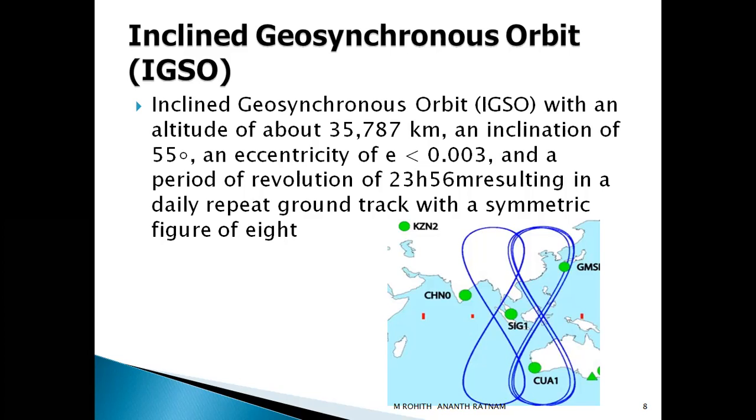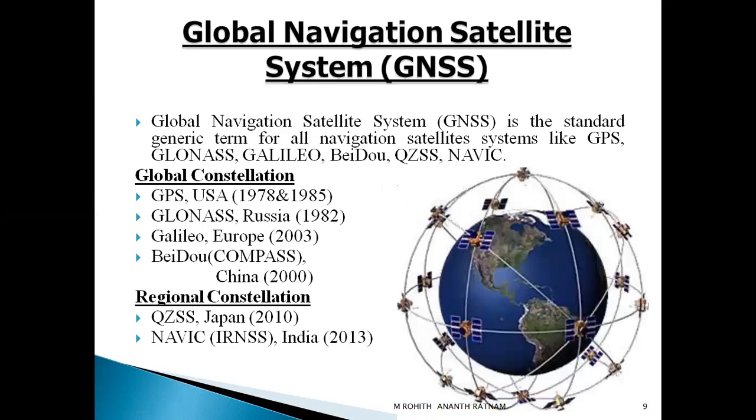It doesn't move around the Earth within the altitude; it rotates as an eight shape. You can observe how it rotates around the inclination. So this is the geosynchronous orbit, right, guys? These are the different satellite orbits around the globe.